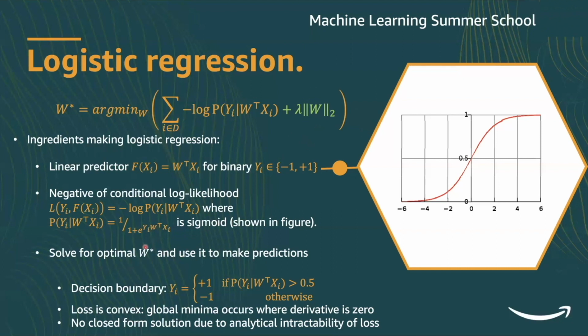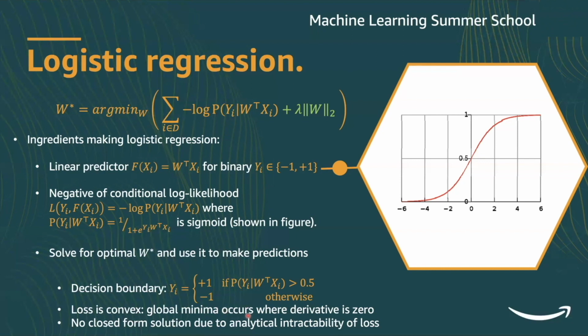If we were to find the right W star, then at inference time, we would take this probability of the test sample. And if it is above 0.5, it belongs to class 1, otherwise it belongs to -1. However, unlike linear regression, we cannot solve this analytically.